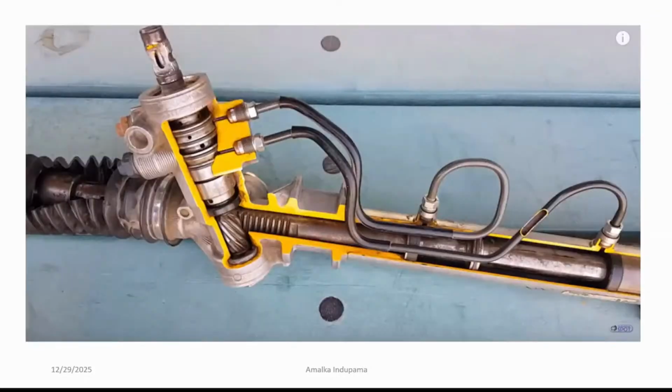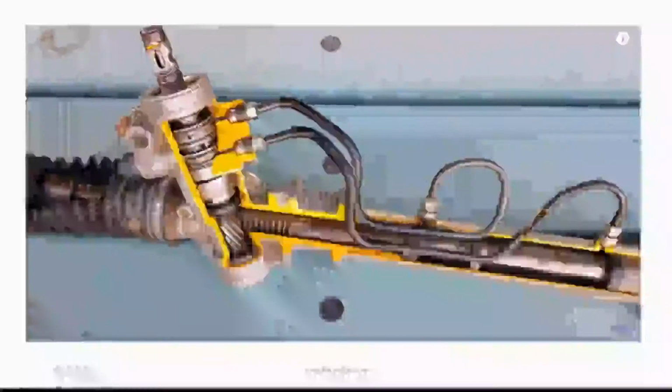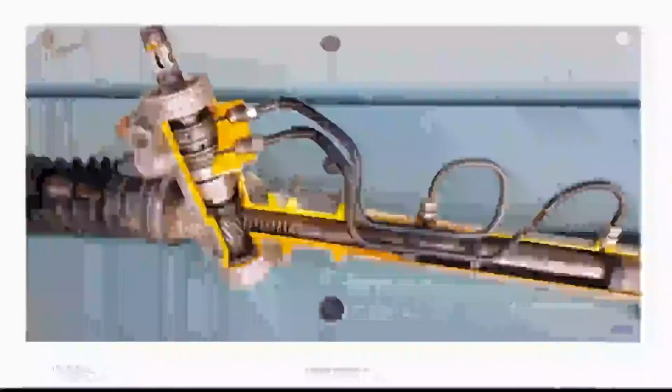And here I have included the actual cut section of a rack and pinion. Here you have the integral spool valve, which is connected to the steering column, the steering shaft. The other end is connected to the pinion gear. Here we have the rack part. And yes, this is your double acting cylinder. Metallic fluid lines are connected to both inlets and outlets, right?